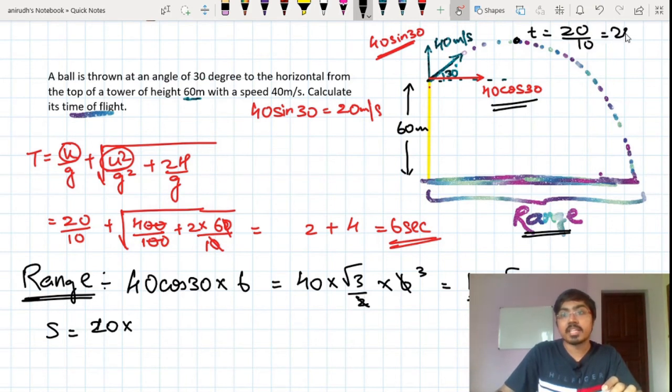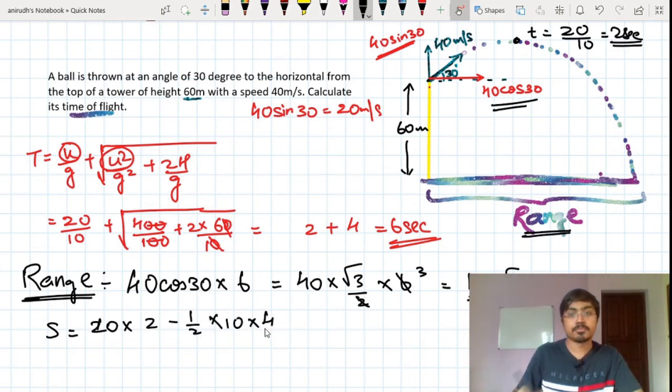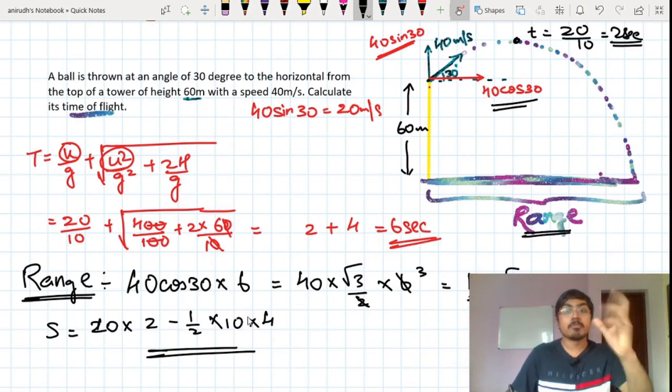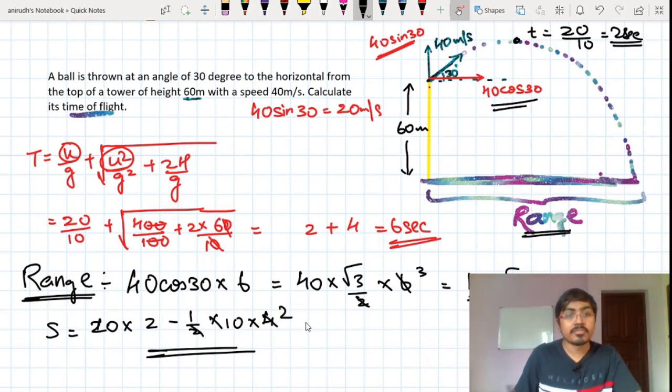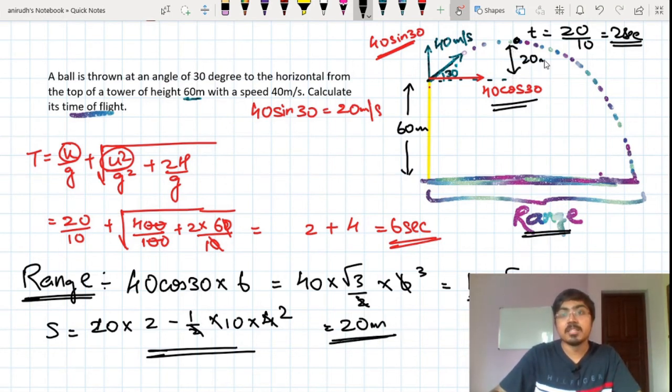This is equal to 2 seconds. U by g. So S is ut minus half into 10 into t square, which is 4. If you solve this, you will again get the value of maximum height attained. 2 into 2 is 4. This is 20. 40 minus 20 is 20 meters. So it has to cover this much distance of 20 meters. This is the maximum height attained by the projectile.